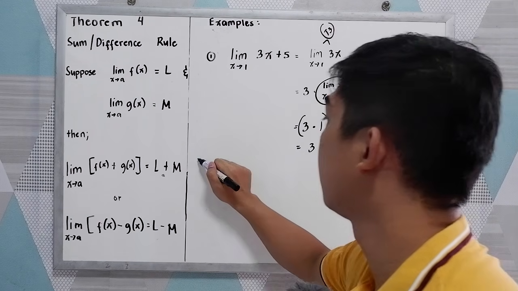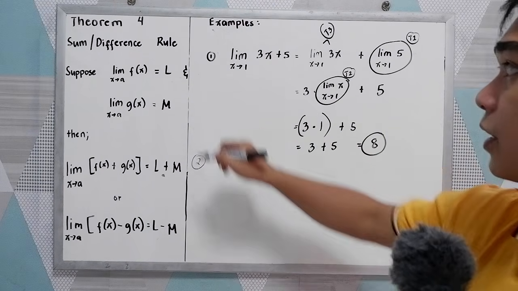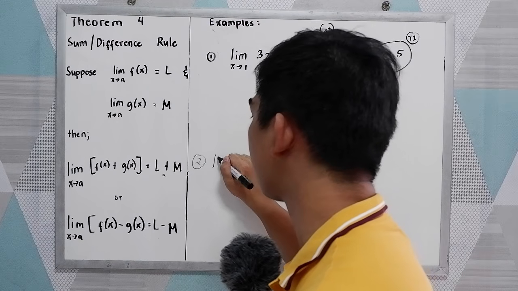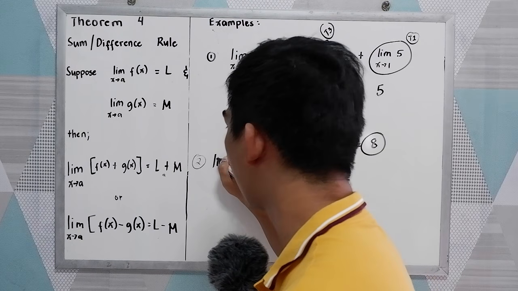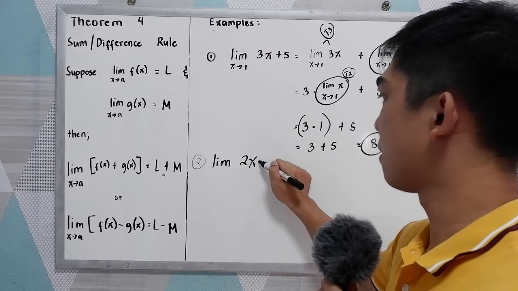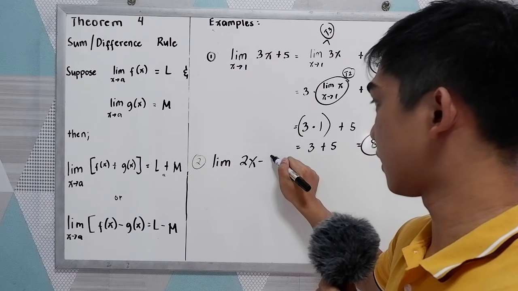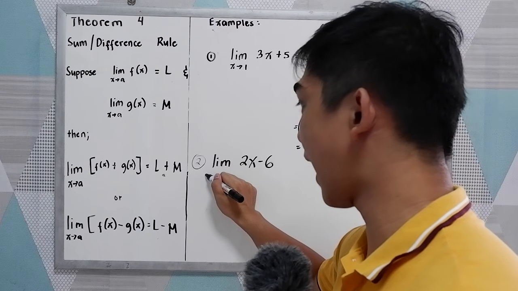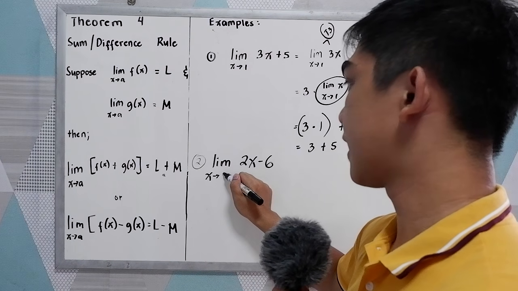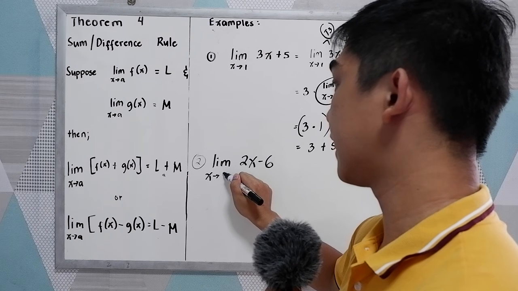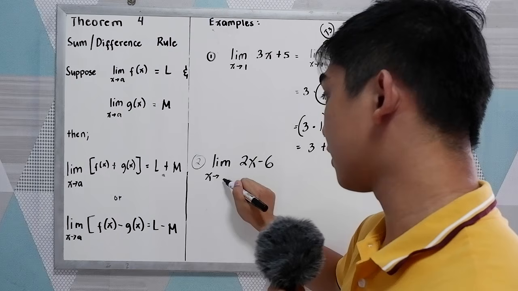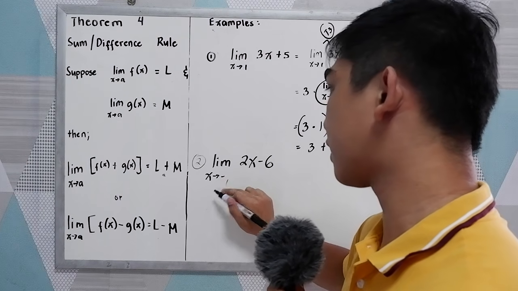Next, let us use the difference. Let's say we have the limit of 2x minus 6 as x approaches, let's say, what number do you want? Negative 2 or negative 3.